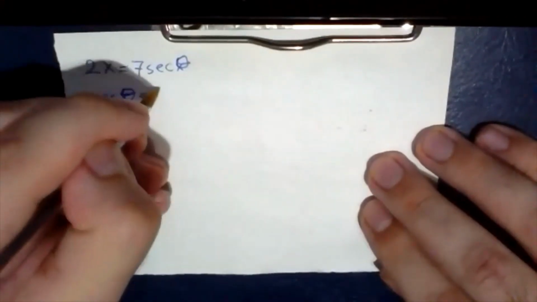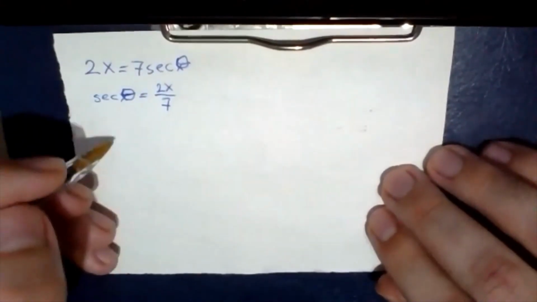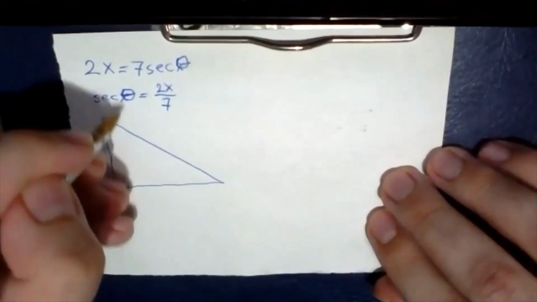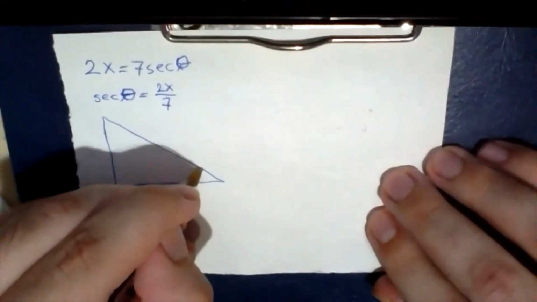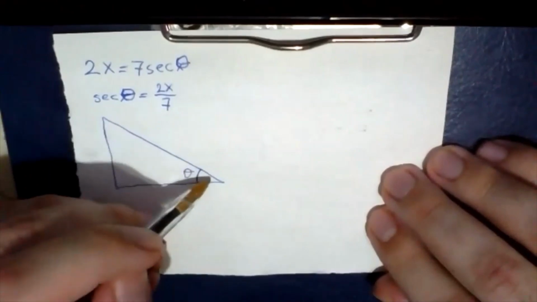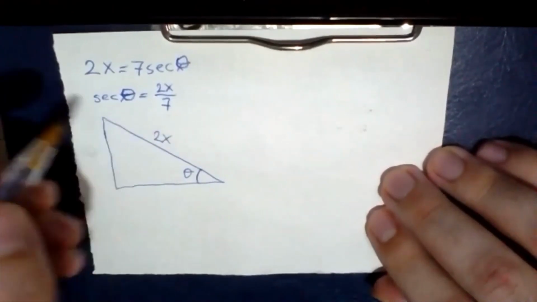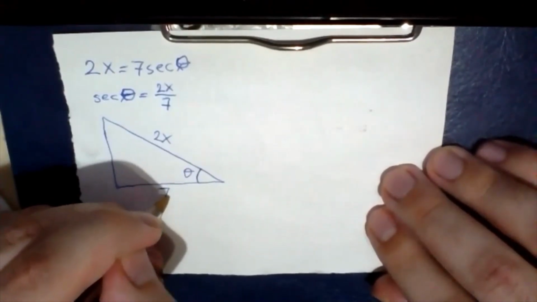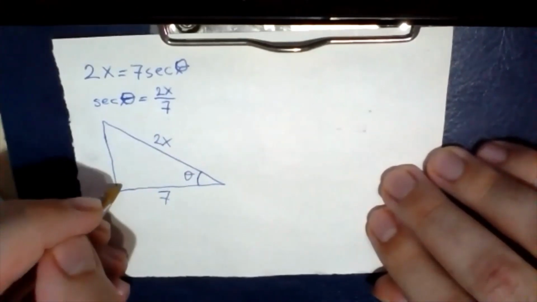Then secant theta is equal to 2x over 7. Next step is to draw a triangle which satisfies secant theta is equal to 2x over 7. If this is theta, secant means hypotenuse over adjacent, so the hypotenuse should be 2x and the length of this side should be 7. Let's check that. Secant will be equal to 2x over 7.